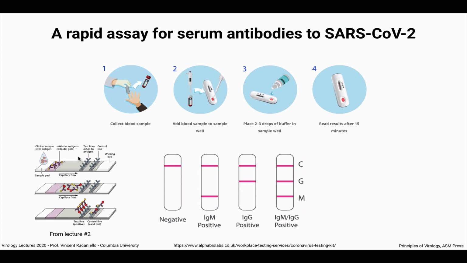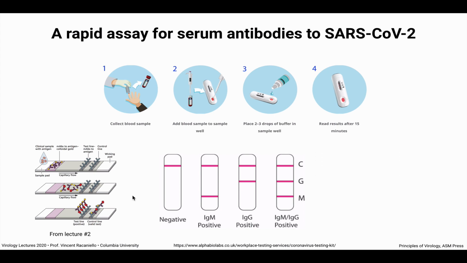The IgM is not shown here, we're modifying this assay. If they're IgG, they'll be bound in the second line. And this is your control line, which shows the assay is working. So this will be positive no matter what. So that's how you read this out. You would modify our original lateral flow assay to produce this.